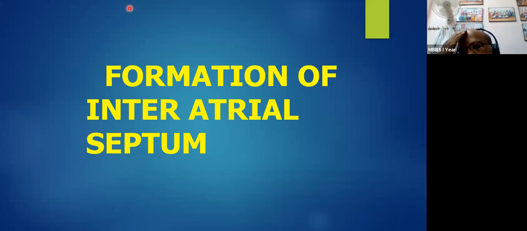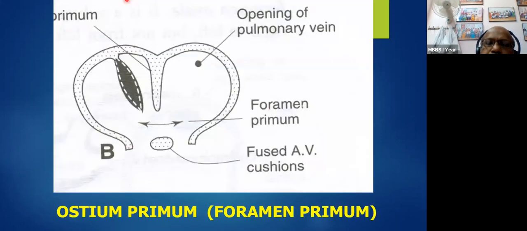That only we are going to learn now. That's why I am asking this. So septum primum, septum secundum, we are going to learn. Septum intermedium is nothing but the AV cushion. What is formed in the atrioventricular canal is called the AV cushion. This and all you should know now to understand the development of the interatrial septum.